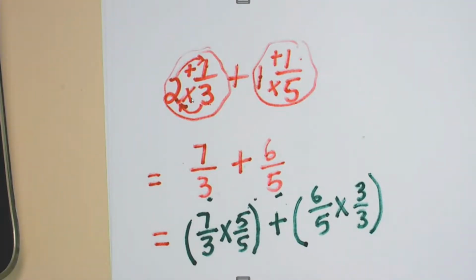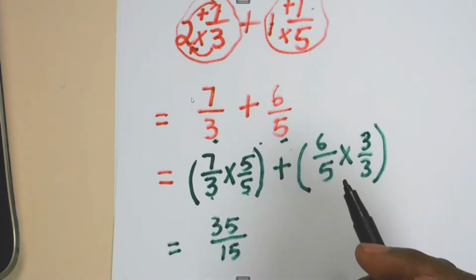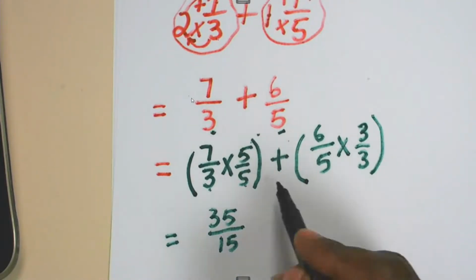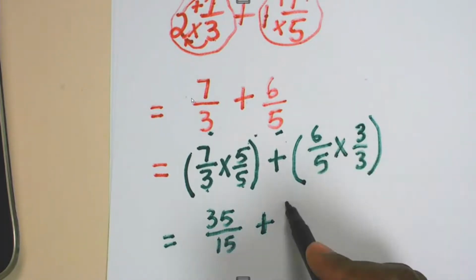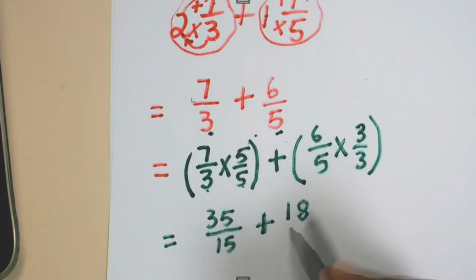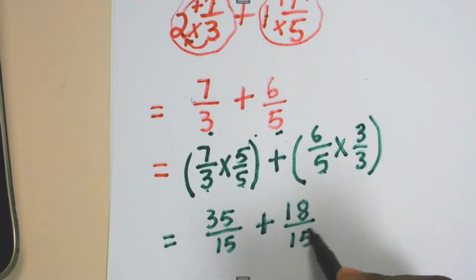Then 7 multiplied by 5 equals 35, all out of 3 multiplied by 5 equals 15. Plus, 6 multiplied by 3 equals 18, out of 5 multiplied by 3 equals 15.